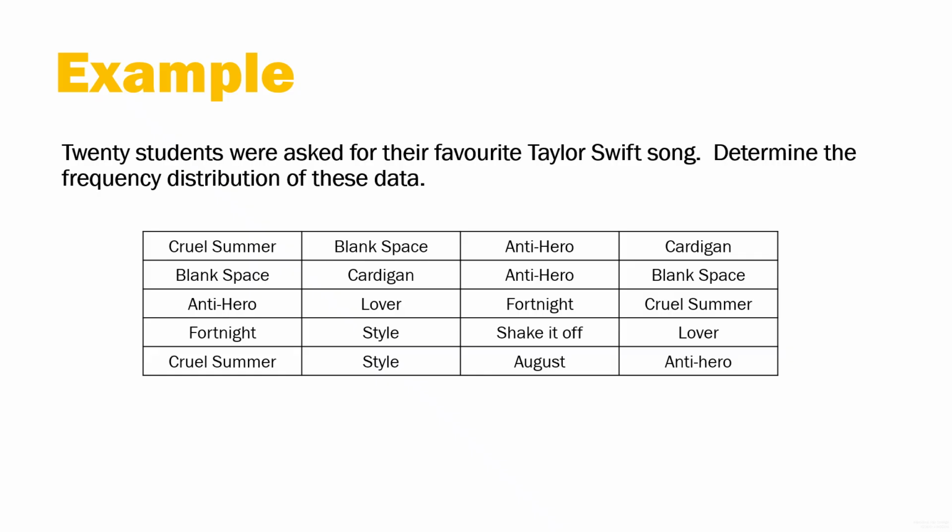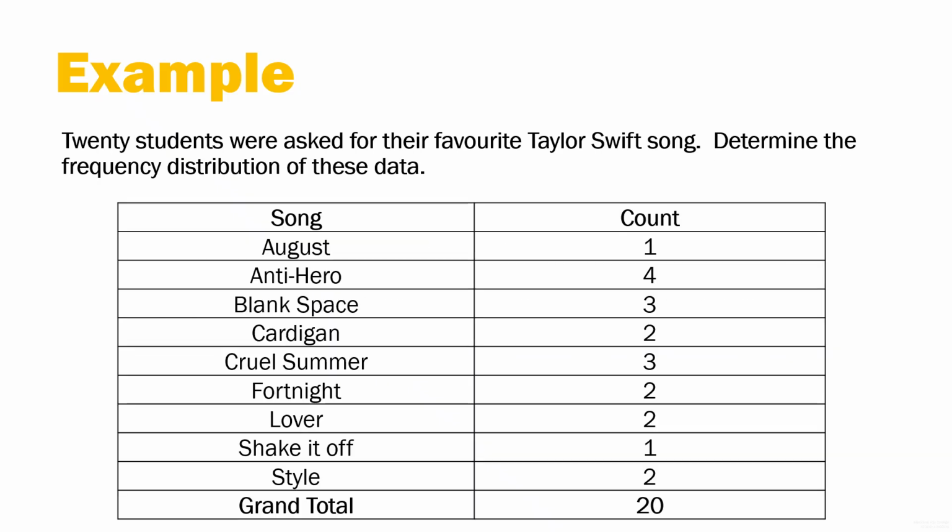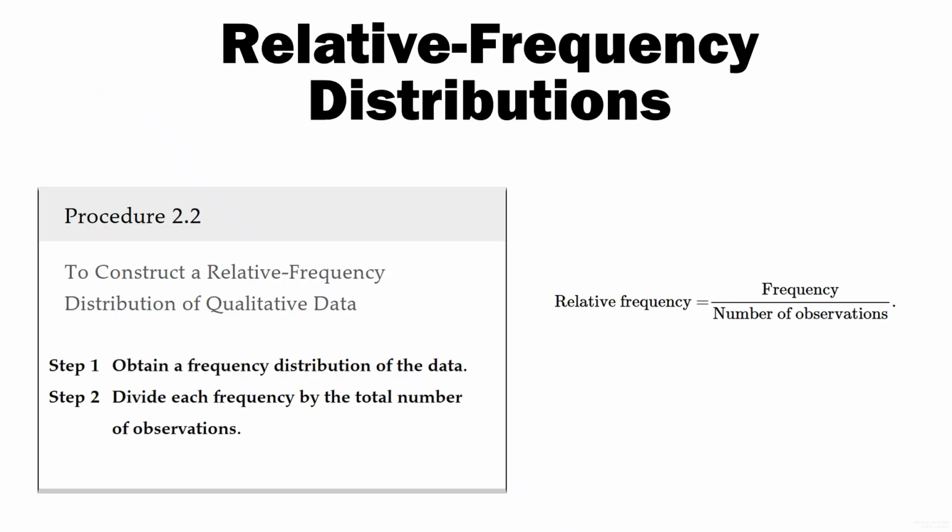So simply 20 different students, so at least we know the total should equal 20. If we started to tally them and then add the count, this is what we would get in the end. Again, the total should equal 20 because we know 20 students were asked for their favorite Taylor Swift song. So you should definitely go back and try it for yourself.